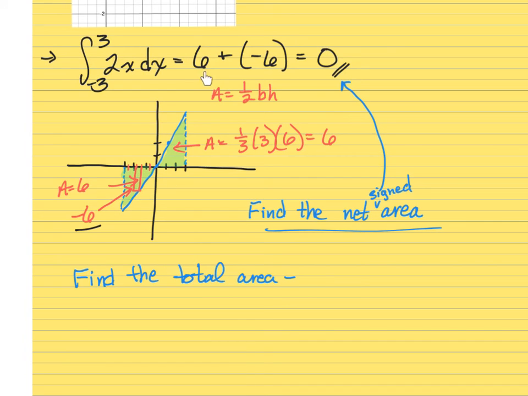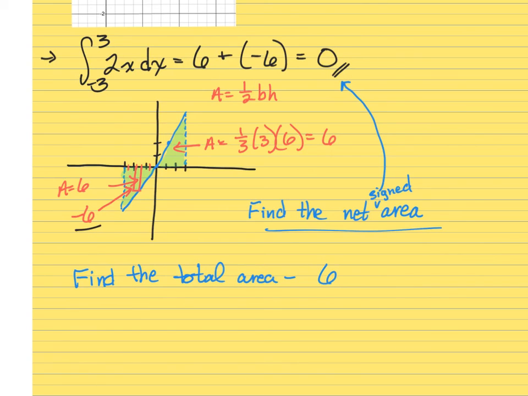Well, we're not interested in treating this as a 6 and a -6 and getting a sum of 0 and saying, oh, our area is 0, so we need 0 amount of fertilizer, for instance, or grass or whatever, right? When we ask about the total area, they're asking us to treat these as positive.